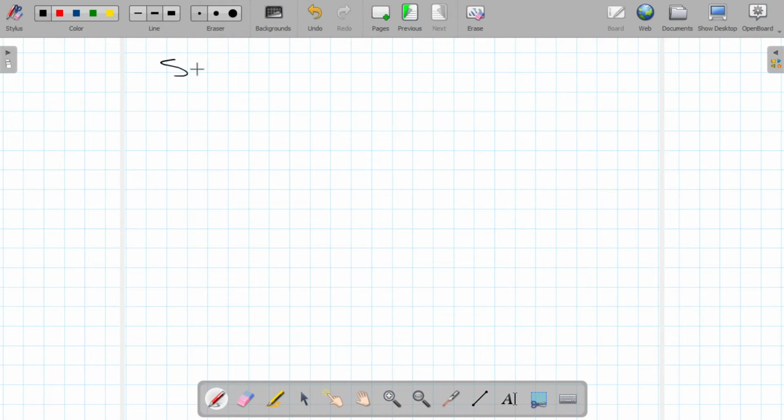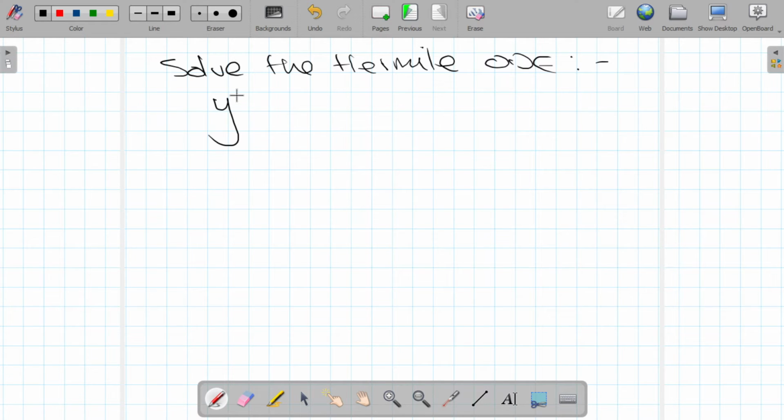Basically, we're going to solve the Hermite ODE, meaning ordinary differential equation, which I'll write down in prime terms: y double prime minus 2x y prime plus 4y equal to 0. Well, how do we solve this?